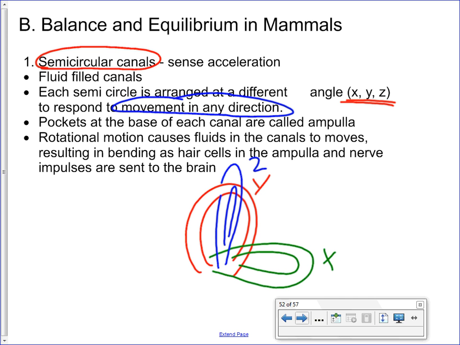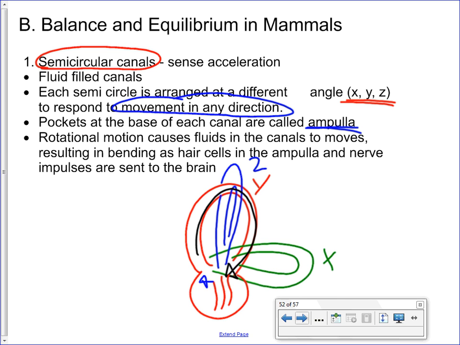At the base of these canals, what we do have are structures that are called the ampulla, and it's inside of these ampulla where we do have some hair cells, these hairs that are sticking up into the fluid. So as the fluid starts to move through one of the semicircular canals, let's say this red one that I've drawn here, in the direction that I'm showing, it's going to get those hairs moving in one direction.